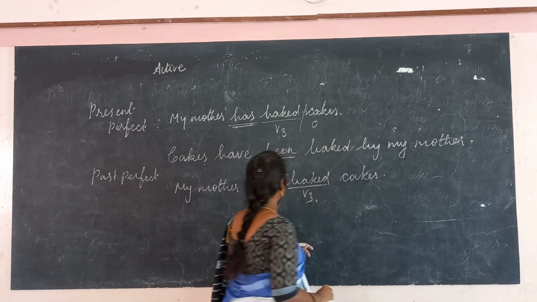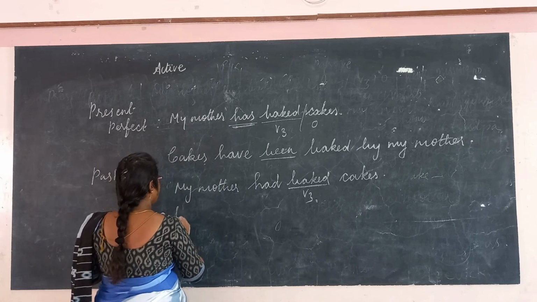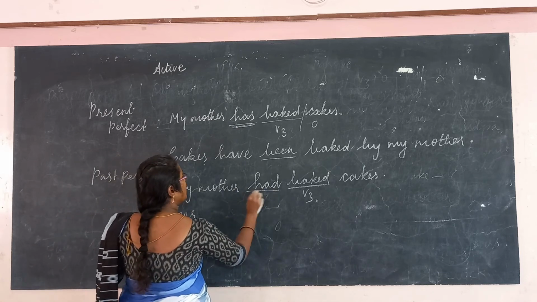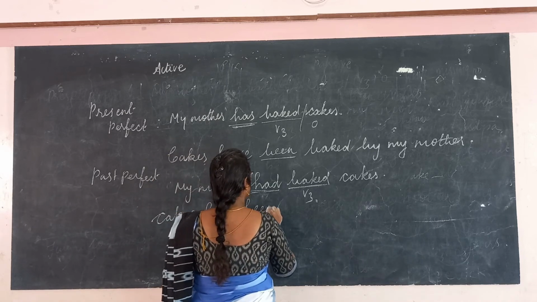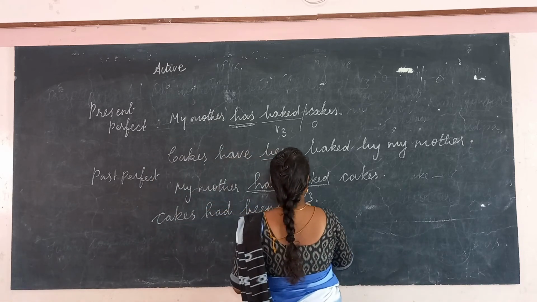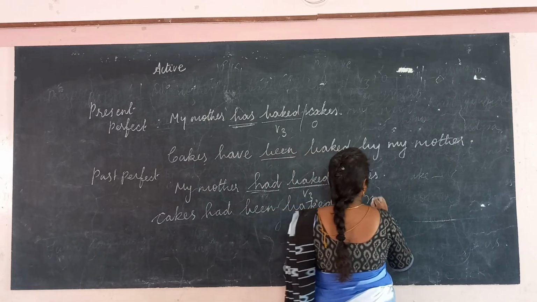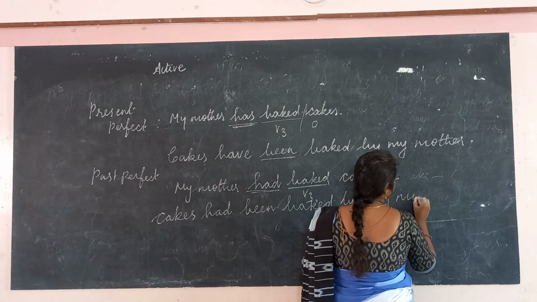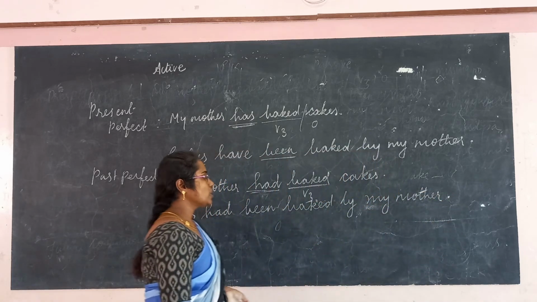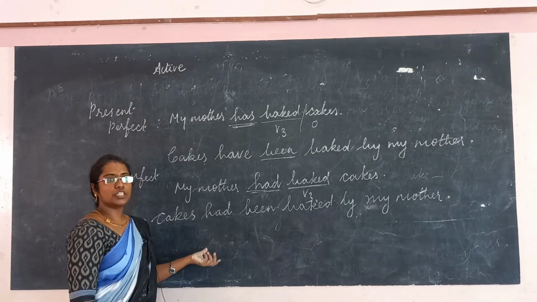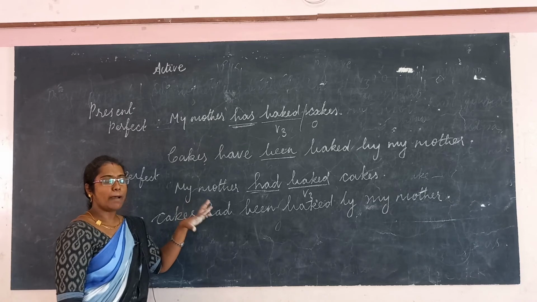So the answer is, object becomes subject. Cakes had been baked by my mother. So that's all. This is how we change a sentence from past perfect, from active to passive.